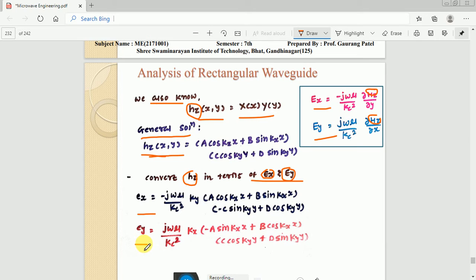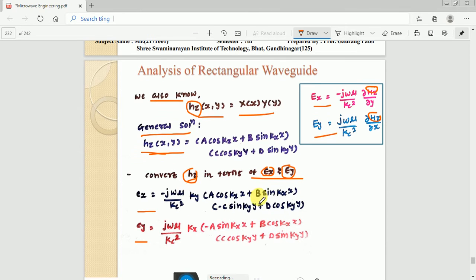Similarly, the Ey field component is given as j omega mu by kc square kx [minus a sin kx x plus b cos kx x] [c cos ky y plus d sin ky y]. So we have converted this Hz in terms of Ex and Ey.